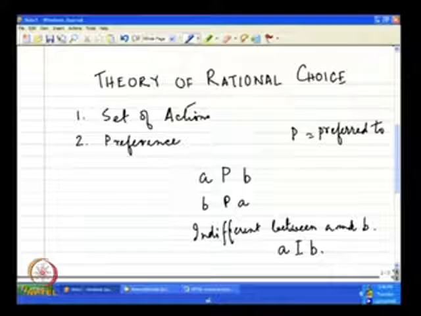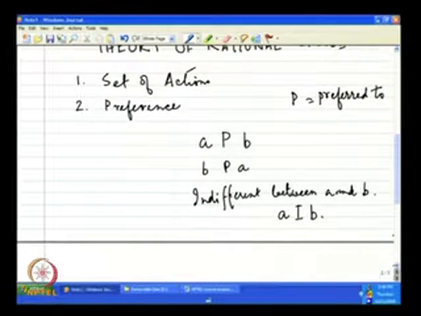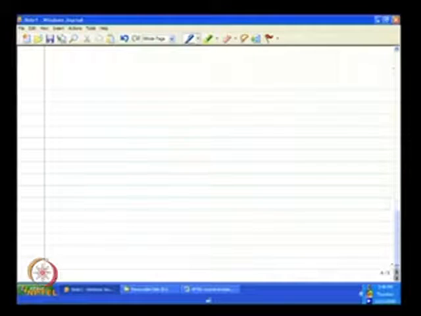This entire thing, that he has many actions to choose from and he takes the best action according to his preferences, can also be summarized through what is known as the payoff function.